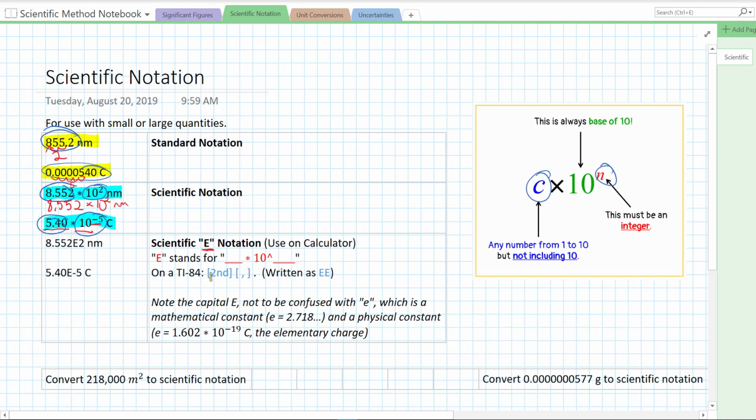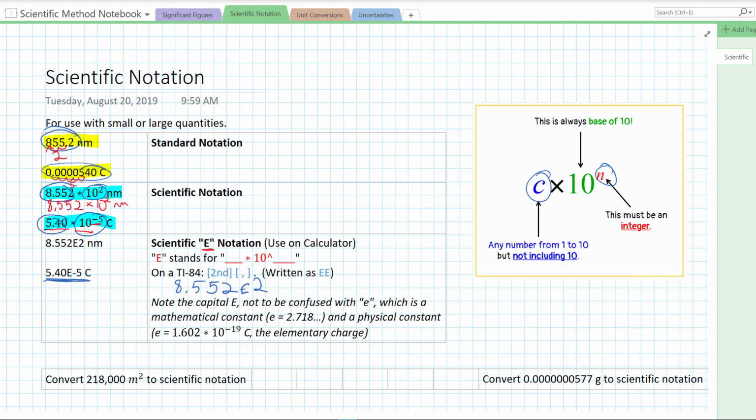On a TI-84, the way we get that E notation is we do second comma, and it'll be written out as a capital E. It will just be written literally like 8.552, little capital E, 2. For our second quantity, 5.40 times 10 to the minus 5, we write it as 5.40 E minus 5 on a calculator.